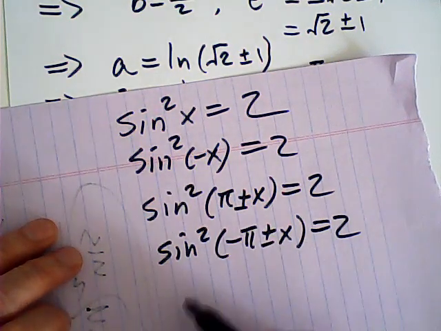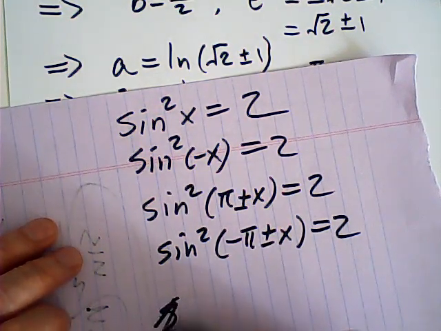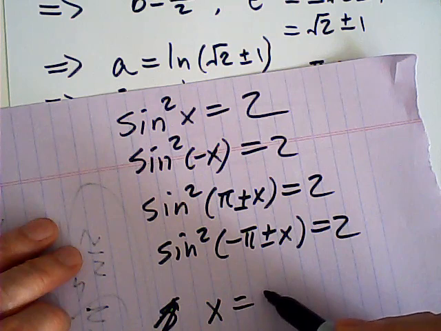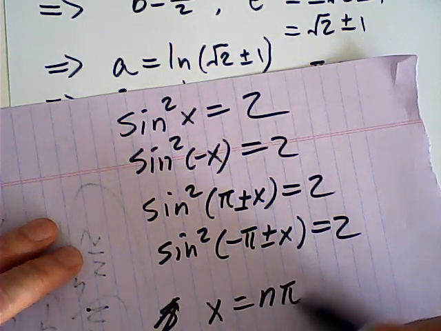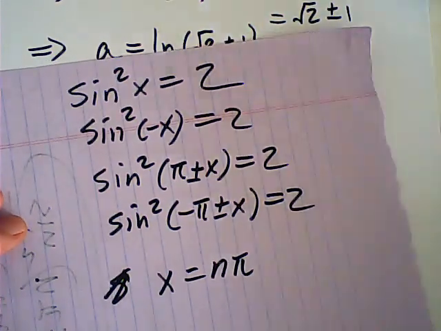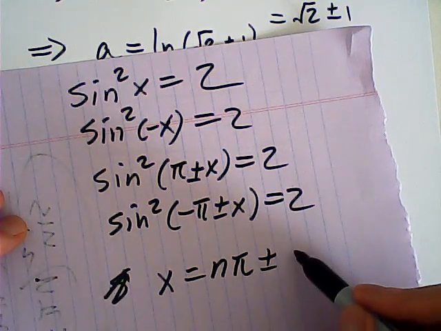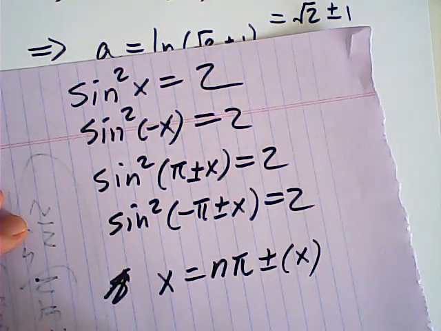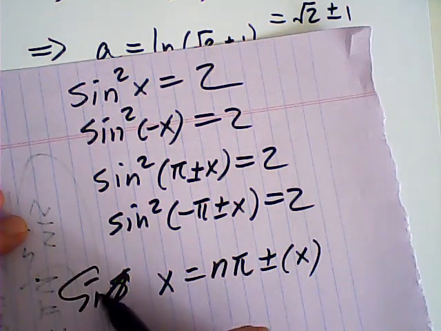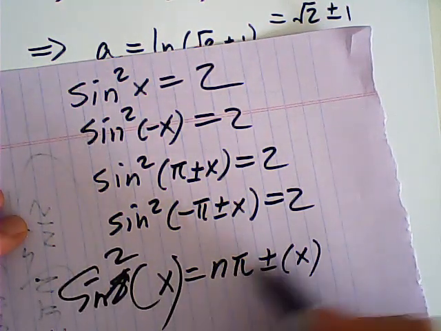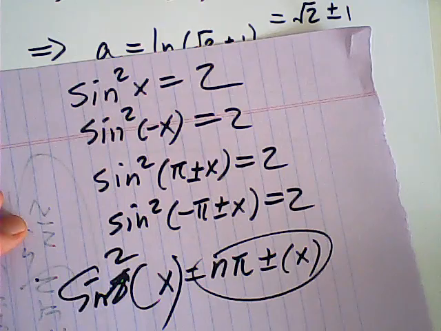Therefore, our x is equal to n pi, the period is pi, plus or minus x, right? So sine squared x equals sine squared of this.